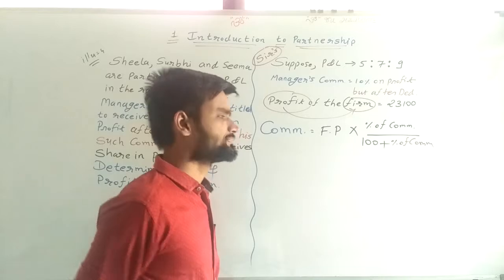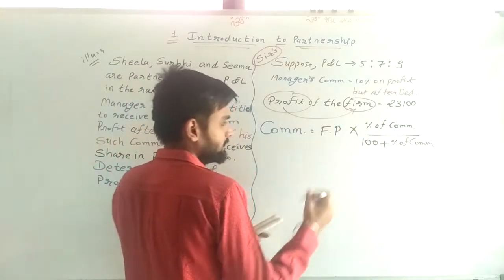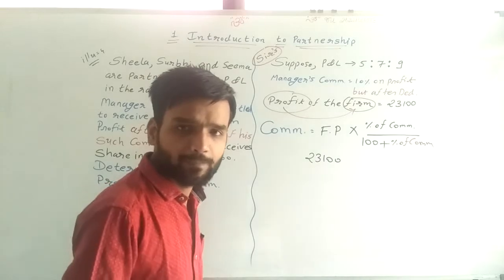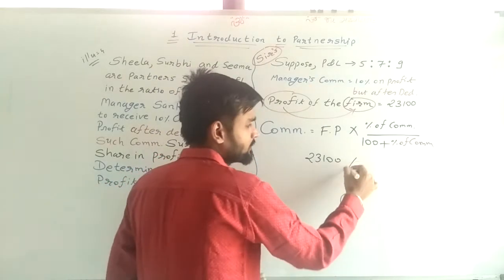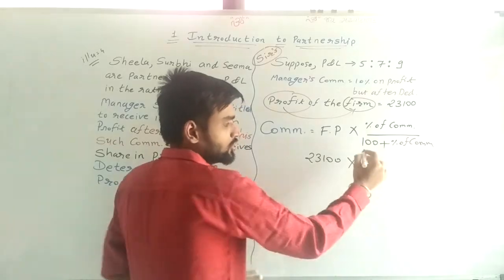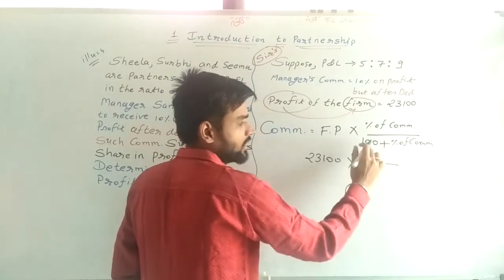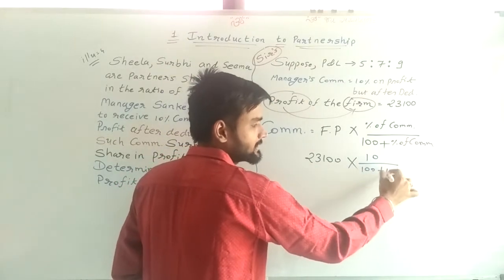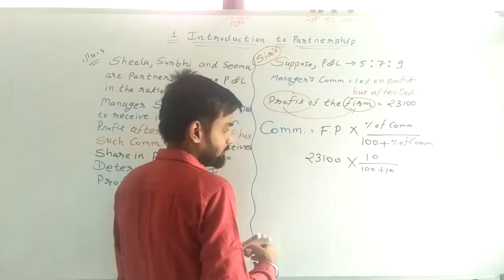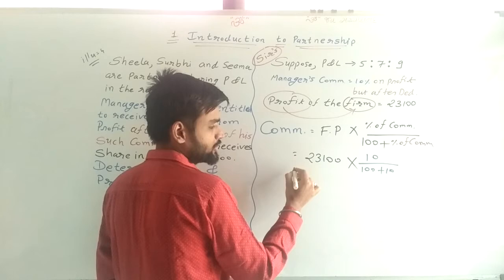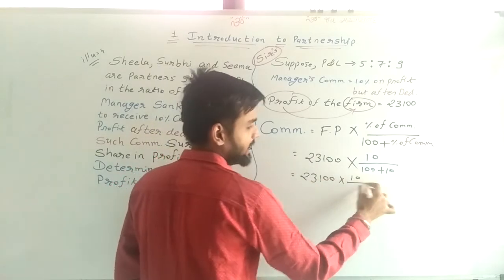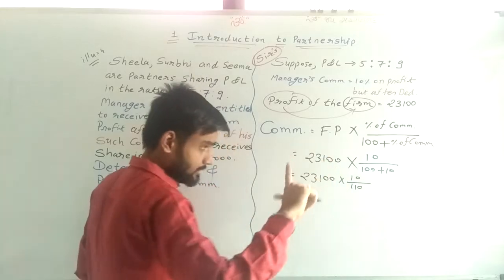Now see, the firm's profit is 23,100 rupees into percentage of commission, here 10% commission is given. So into 10 upon 100 plus 10. Now calculate this in the calculator: 23,100 into 10 upon 110.